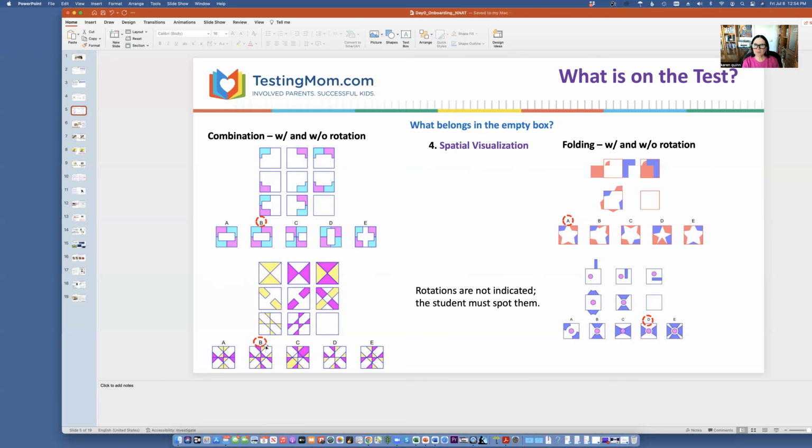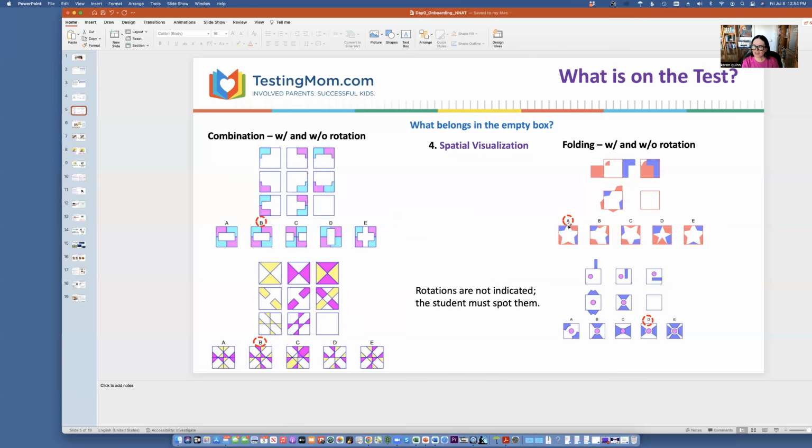And then with spatial visualization folding, what's happening here is that there's a square with some tabs sticking out. And we fold them in here, and this is what it looks like when they're folded in. So the question is, if you fold this row in the same way this one was folded, what will it look like?